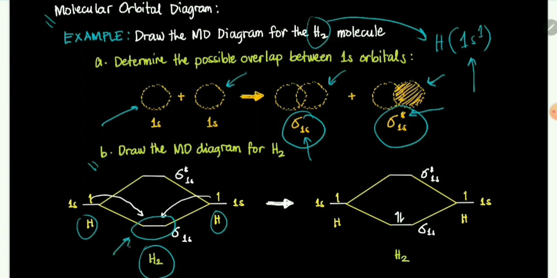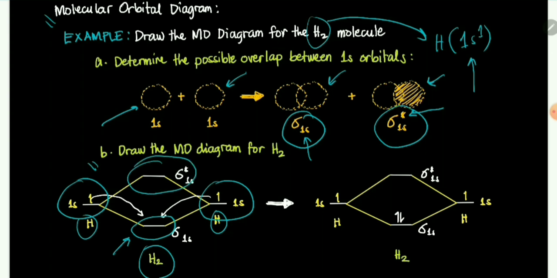So nasa baba dapat yung ating sigma 1s, which is lower than the energies of both the 1s atomic orbitals. So dapat mas mababa yung energy niya kaysa dun sa dalawang 1s. Tapos dapat pantay yung dalawang 1s orbitals kasi equal lang sila ng energy. Okay? So yan ang ibig sabihin ng stabilizing effect ng bonding molecular orbital. So kapag antibonding naman, dapat mas mataas siya dun sa dalawang 1s.